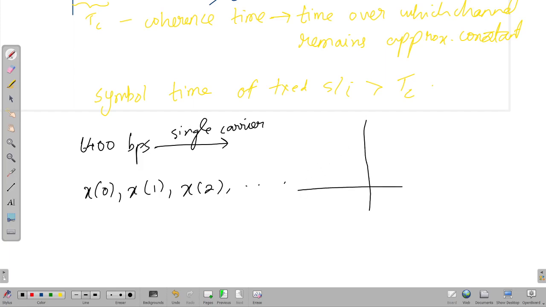Let me draw the earlier figure. So you have the signal like this, in the frequency domain.